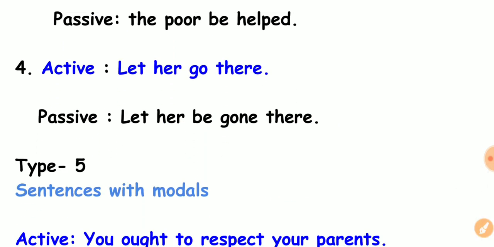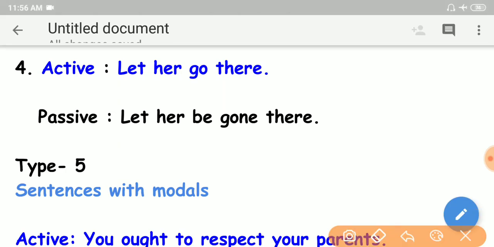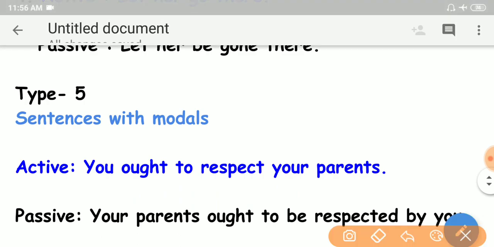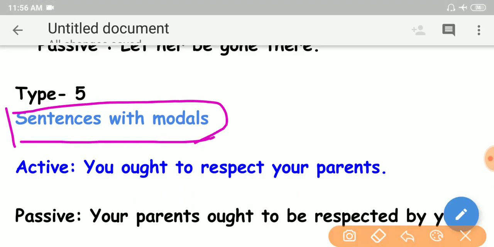So let us go and learn with the type 5 sentence. Type 5 rule, or rule number 5. For example, if some imperative sentences are with modals, at that time how can we convert them into passive? Let us see.